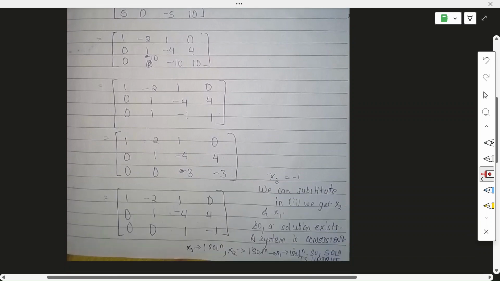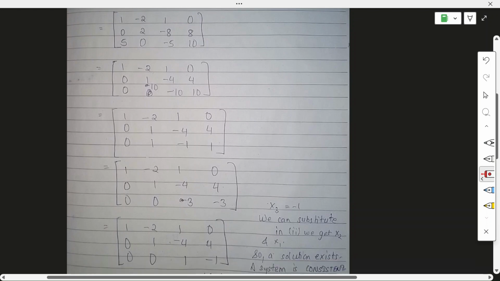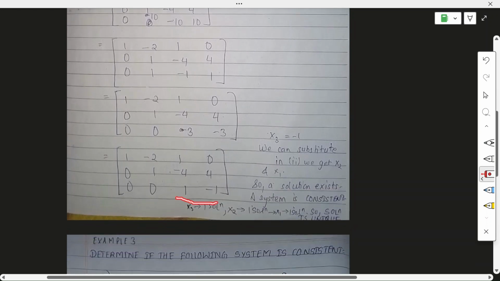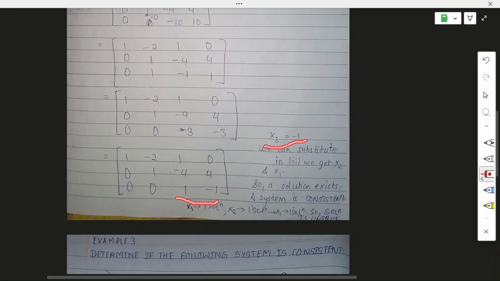We have already discussed this solution, and we will go on. Here, if we look, x3 equals minus 1, we can substitute this and we get the values of x1 and x2.